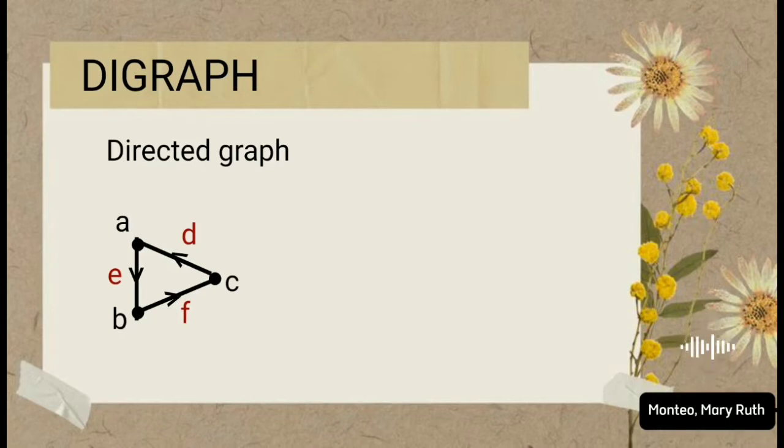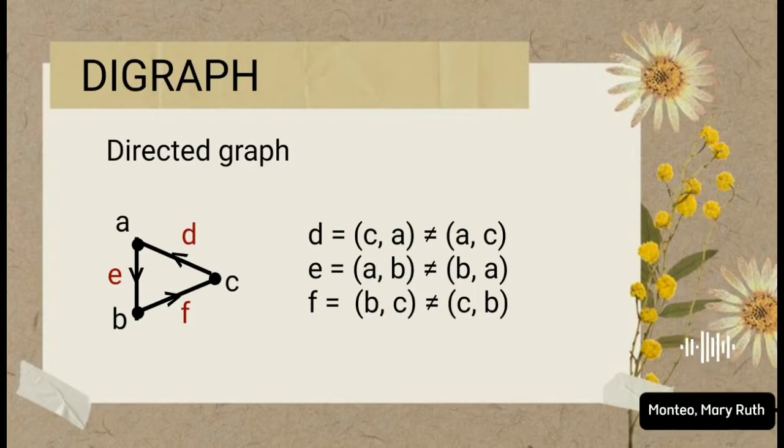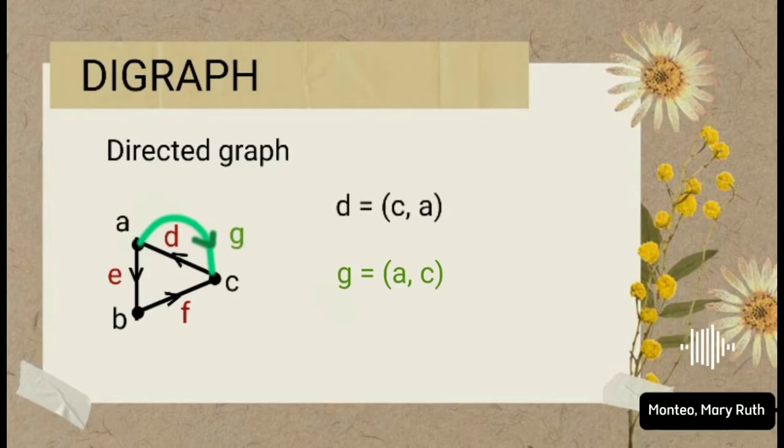So we can label this ordered pair. The edge D goes from C to A. So here, we can determine the ordered pair, where we have the tail coming from C and a head going to A. The edge D, which goes from C to A, is not equal to one that goes from A to C. But if we put an edge like this, we can label it edge G, and a set of vertices goes from A to C. These two sets are really different.